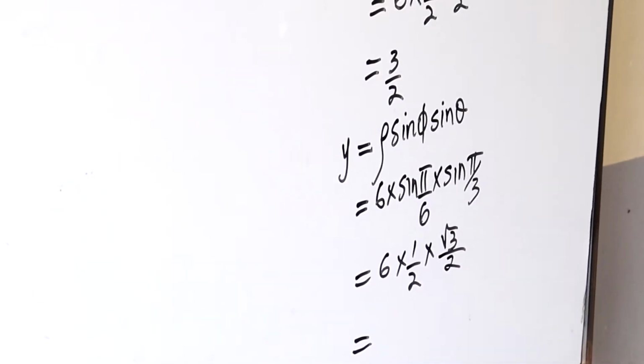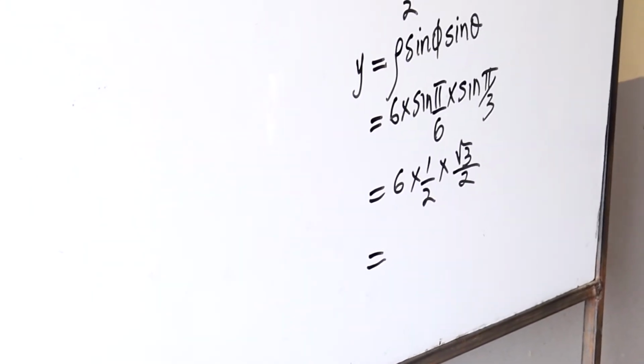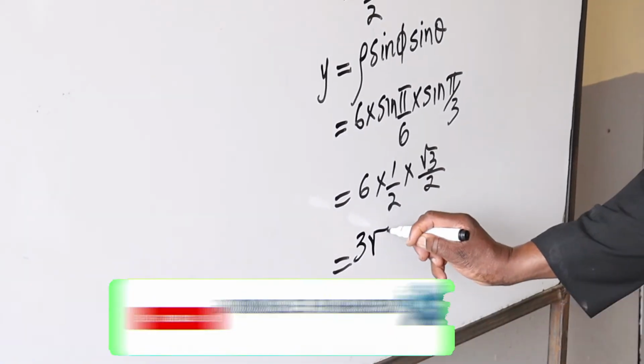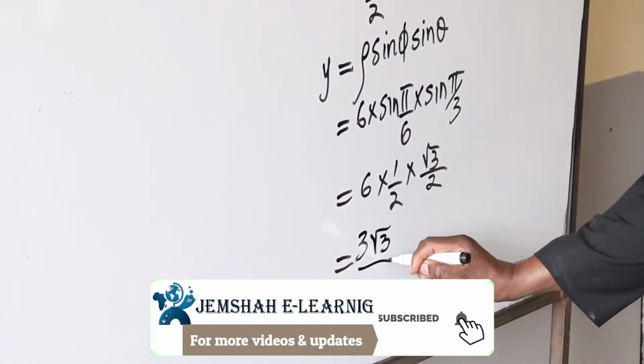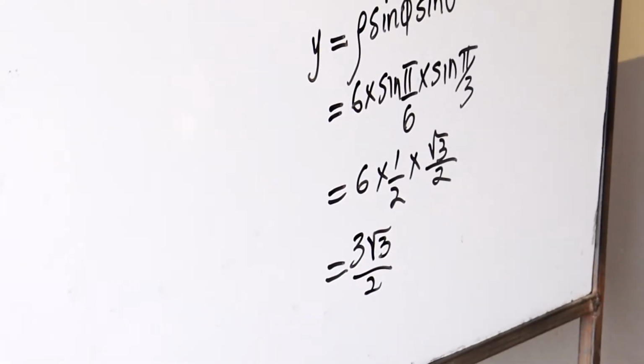Sine pi all over 3 is root 3 all over 2, which gives us 3 root 3 all over 2.